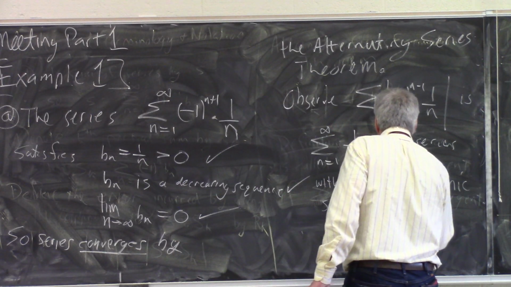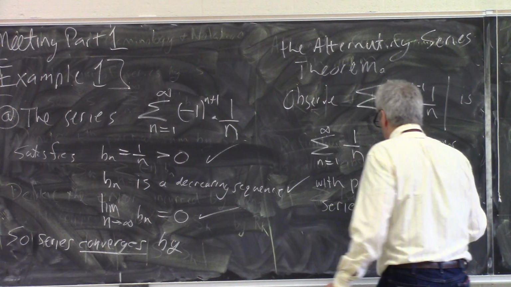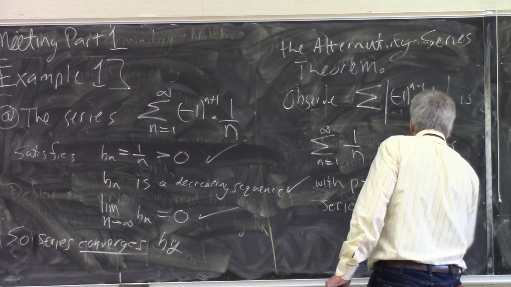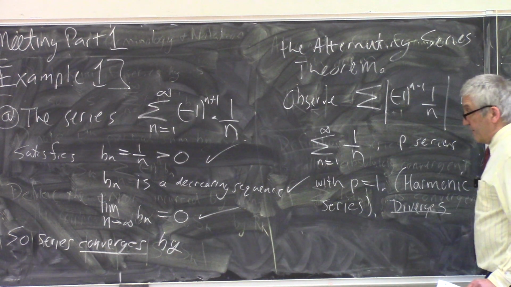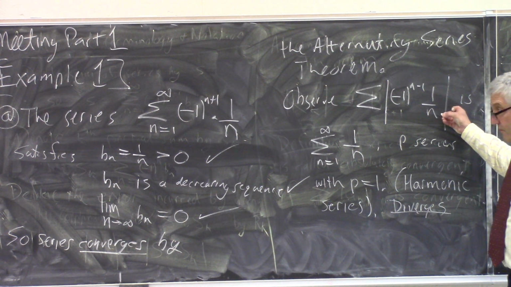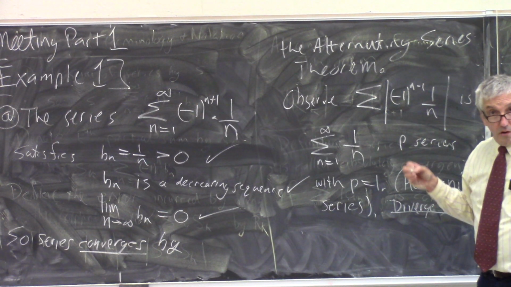So it diverges. The series of absolute values diverges. So the original series converges, but the series of absolute values does not converge. So the series is convergent, but not absolutely convergent.